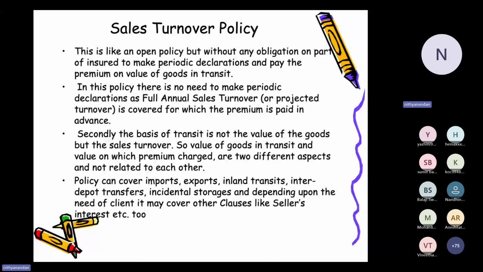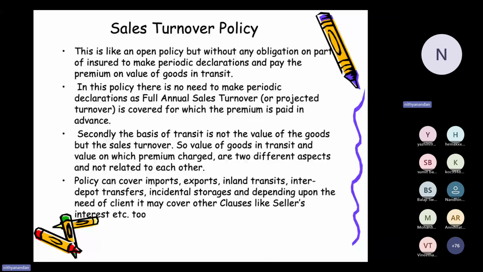Whenever the turnover exceeds the sum insured, this policy automatically ceases because we are not getting declarations. We don't know how much turnover the client has done. So we will not inform the client that the sum insured is going to exhaust. So it is the client's duty to monitor whether the required sum insured is there or not in the policy.